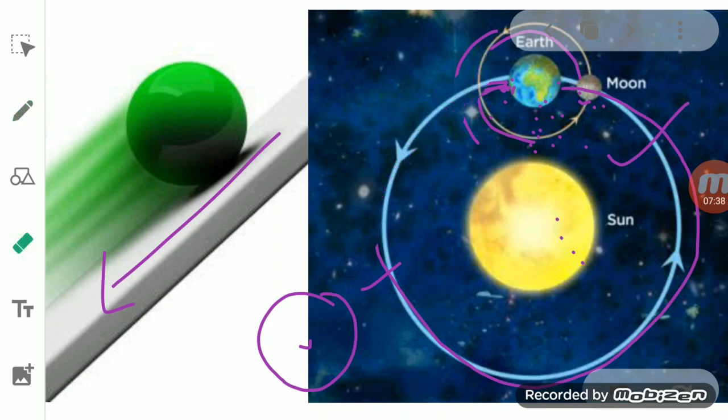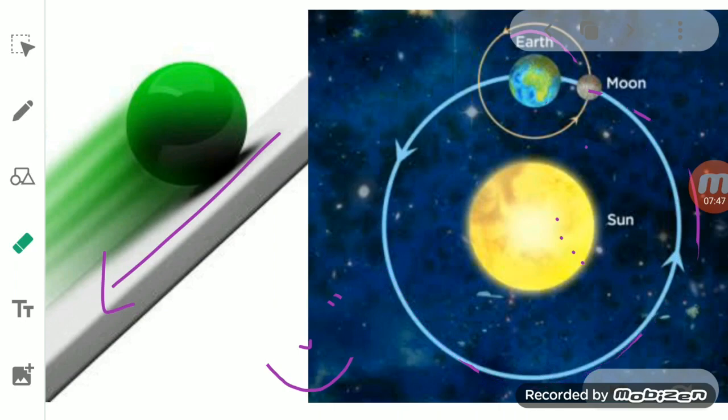So here, either the earth or the moon, both of them show two kinds of motion, the rotational motion as well as the periodic motion. This can happen with any other planet also. So moon, earth, sun, or any other planet, if they show rotation and revolution, we can say that they show two types of motion, rotational and periodic motion.